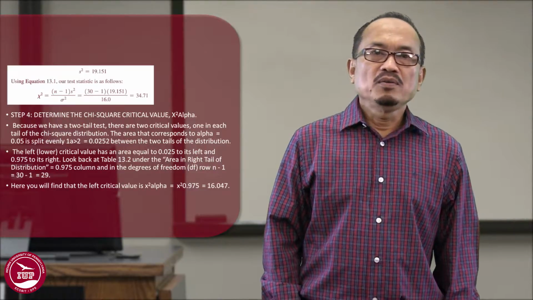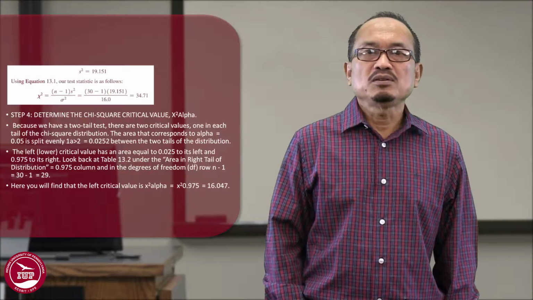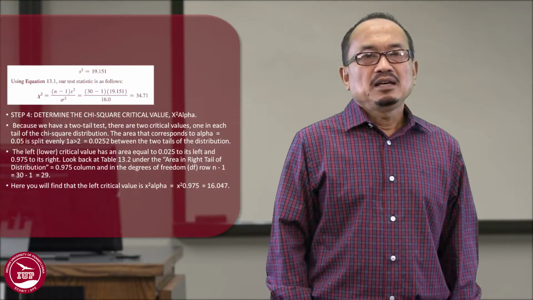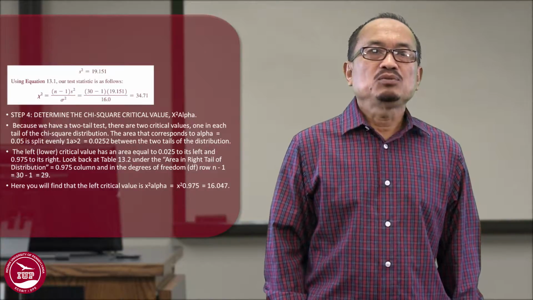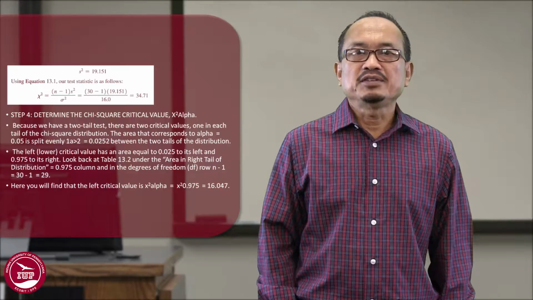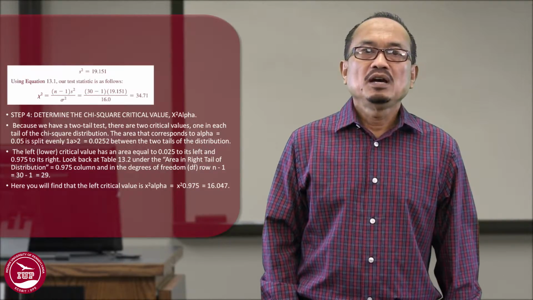The left or lower critical value has an area equal to 0.025 to its left and 0.975 to its right.